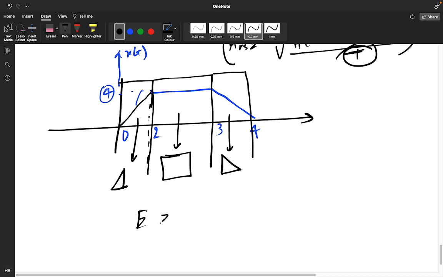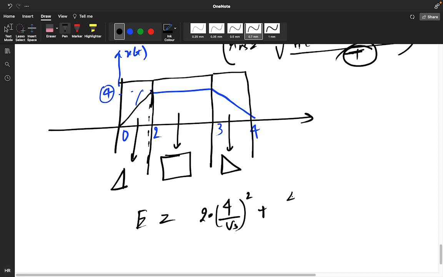And you need to find the energy. So the triangle amplitude is 4 divided by root 3 whole square. What is the time? It's 0 to 2, plus the second segment, which is a rectangle.